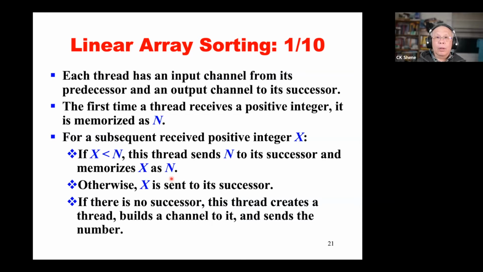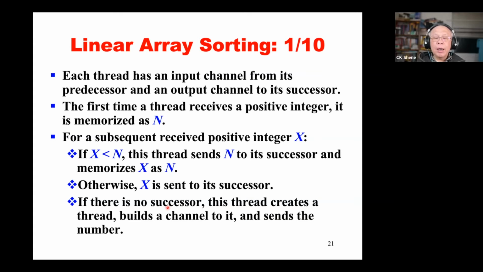If the new number is less than the current number I remember, I send the number I remembered out and remember the smaller number. If the received number is larger, the received number will be sent to my successor. As a result, I always remember the smallest number passing through my thread. All larger numbers will be passed to my successor.